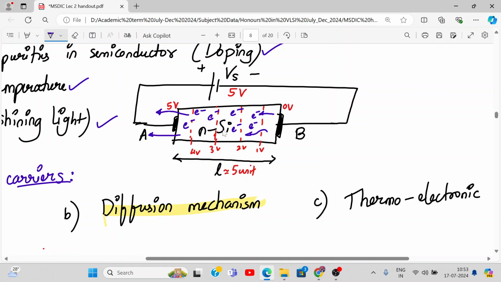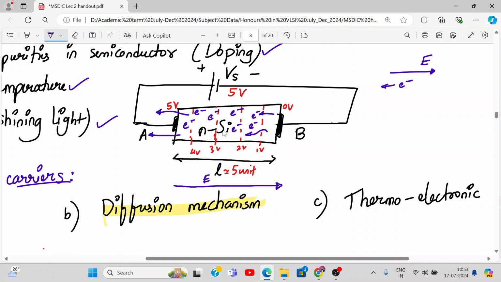Now, where is the electric field? All these electrons are traveling under the presence of an electric field. So here is my electric field, E. Remember one thing, electrons will always go in the opposite direction of the electric field. So we have a very powerful electric field because of the potential difference. At terminal A we have 5 volt, at terminal B we have 0.